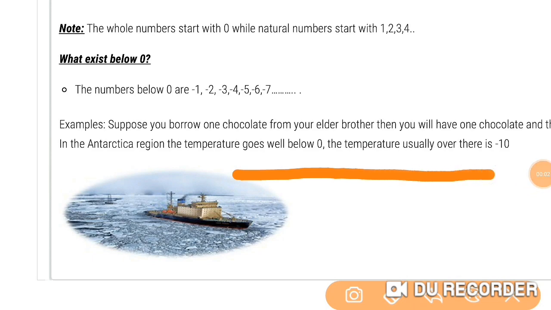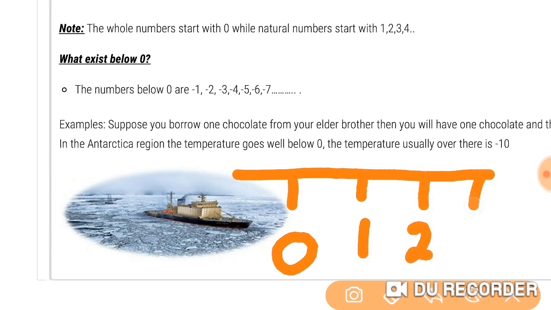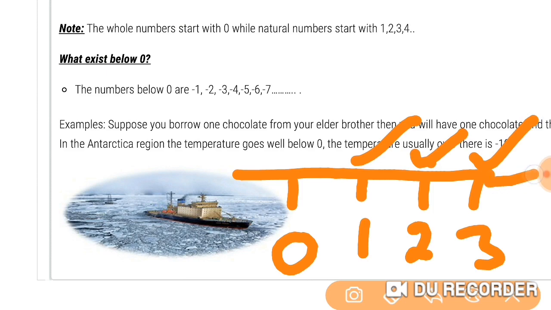Then tell me which number is lesser than 0 in the number line or in the number system. We write the number line from 0 to 1, 2, 3, counting numbers from left to right. I said 0 is lesser than 1, 1 is lesser than 2, 2 is lesser than 3 and so on.